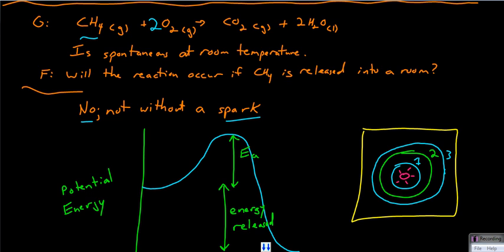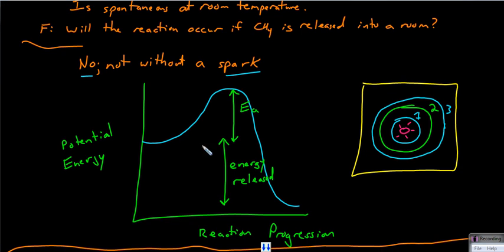You see, even though this reaction is spontaneous, because for a large part it releases heat, it has a negative delta H. In order for it to begin, the particles need to have a significant enough kinetic energy so that they can overcome the activation energy barrier.